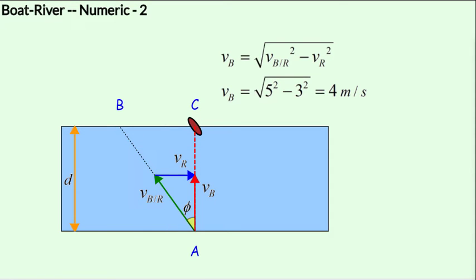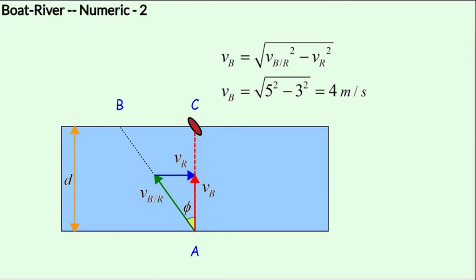The vector VB would be the square root of 5 squared minus 3 squared, which is 4 meters per second. So while the boat is being rowed at 5 meters per second along the line AB, a stationary observer on the shore sees the boat moving along the line AC at 4 meters per second.